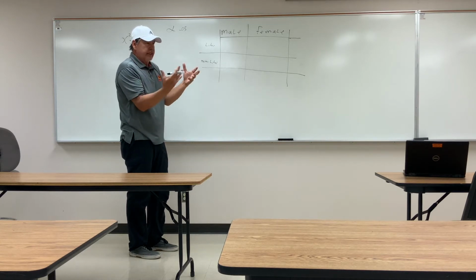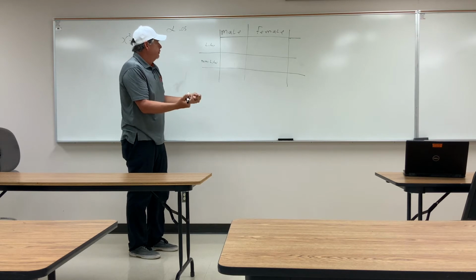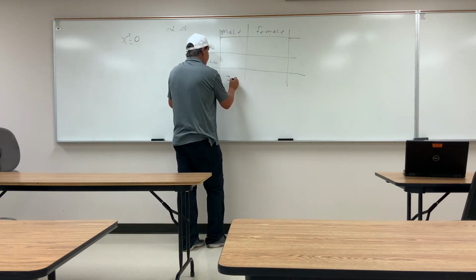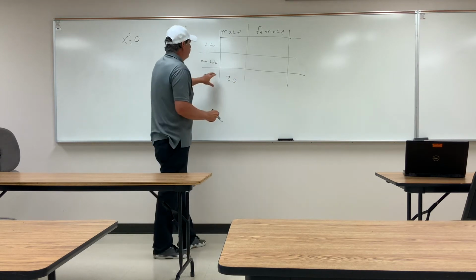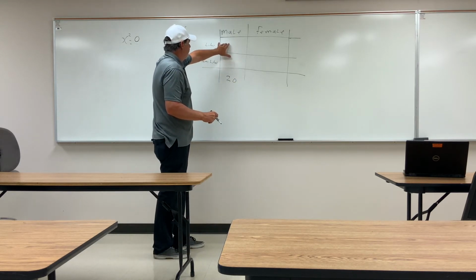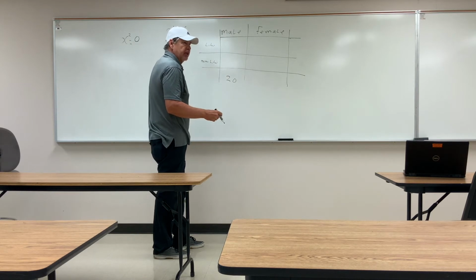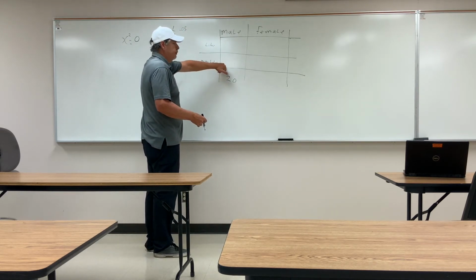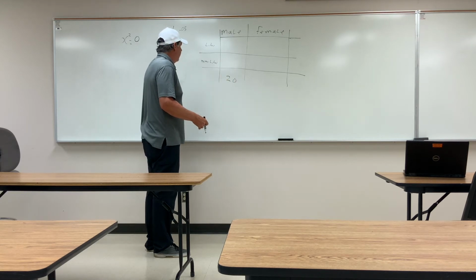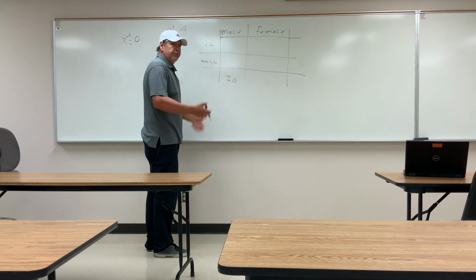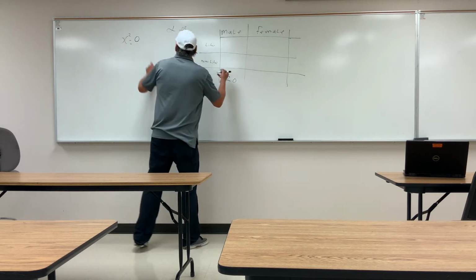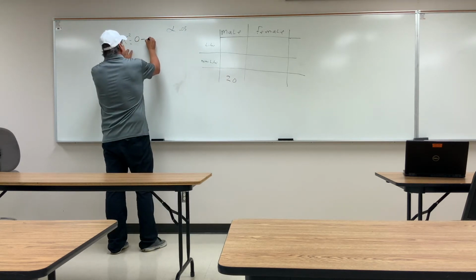Okay, I've identified 20 boys. Right here, there's 20 of them. And I've got some that just left their trash all over the place, and other boys picked up all their trash and put it in the trash can. So I'm going to have expected scores as well.